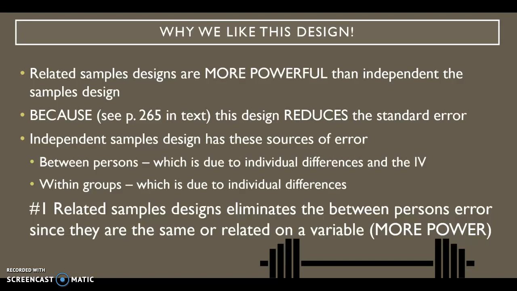So in the be-all, end-all, related samples do have more power. They reduce the error term. The error always goes in the bottom of your statistic, and if you have a smaller number in the bottom, then you're going to get a larger outcome when you do the division. So we're always going to get greater obtained values for that reason.